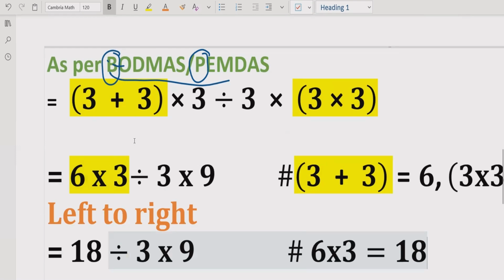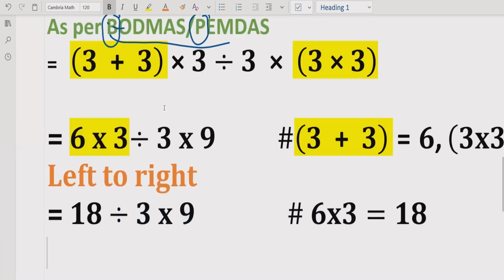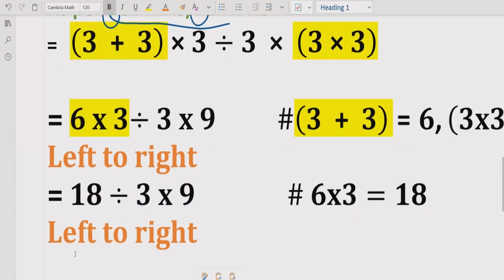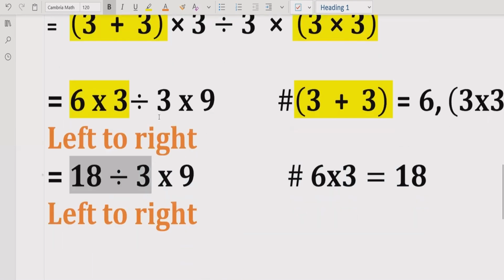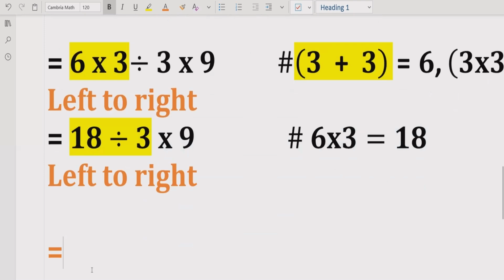Now, again, we move forward and see which operation comes first according to the left to right rule. Here we have 18 divided by 3, so it comes first. Now we divide 18 divided by 3, which is equal to 6, and multiply by 9.